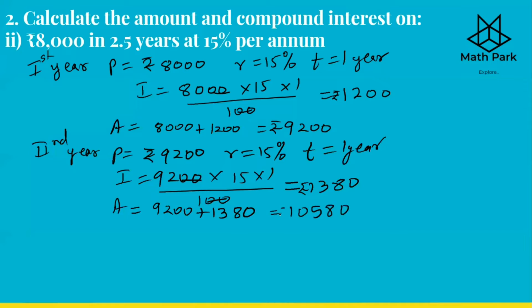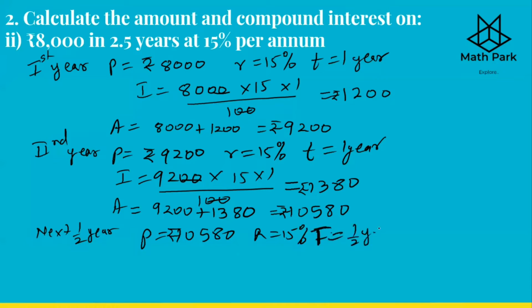Now this amount at the end of second year, for the last half year, for the next half year, you have principal is equal to 10,580. The rate is again 15%, and the time is half year.